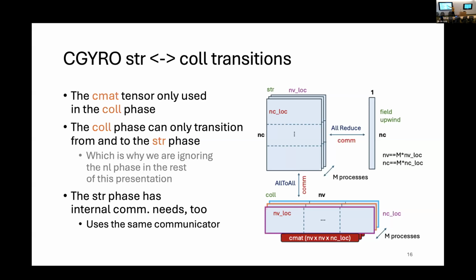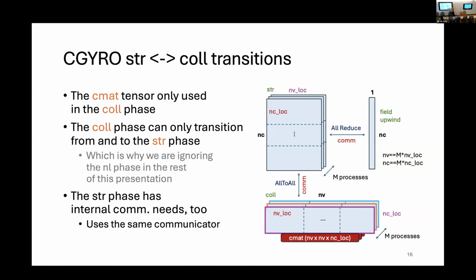There is an additional thing that makes this a little non-trivial: the streaming phase also has a bunch of steps where it needs to do an all-reduce of some of the values, and that goes against all the processes.